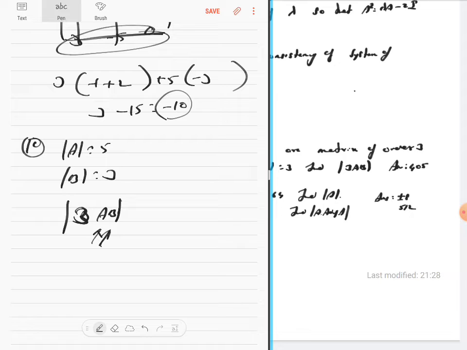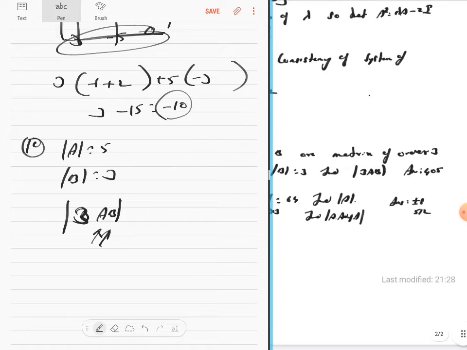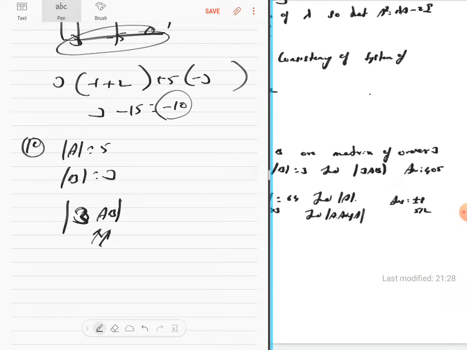Is it a 3 by 3 matrix? Yeah, of order 3. So you can take that out. It will be 3 cubed, 27, into determinant of AB.